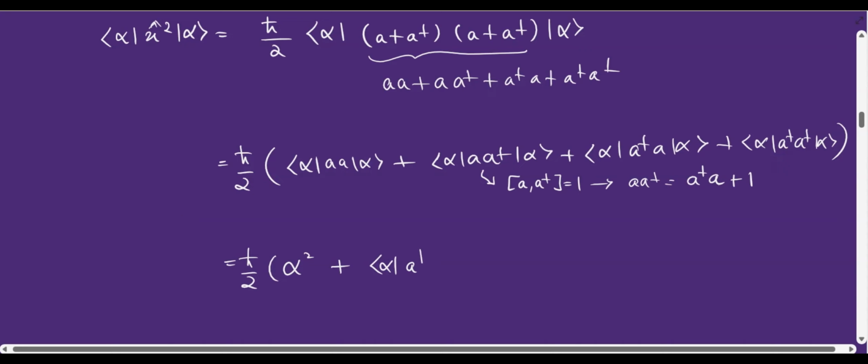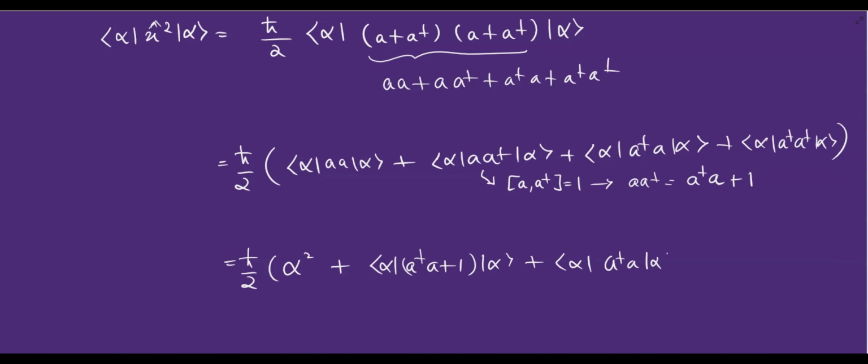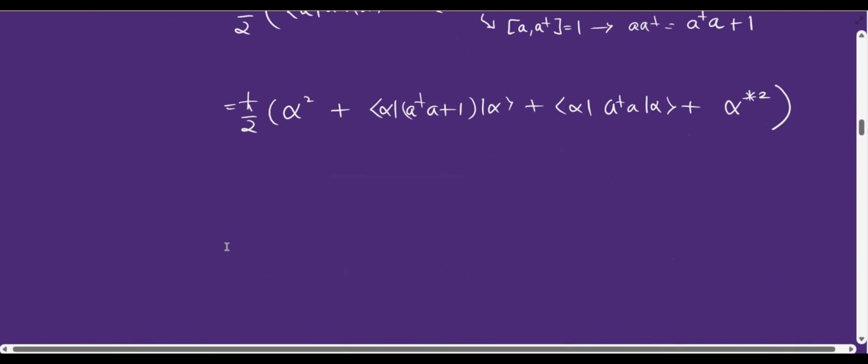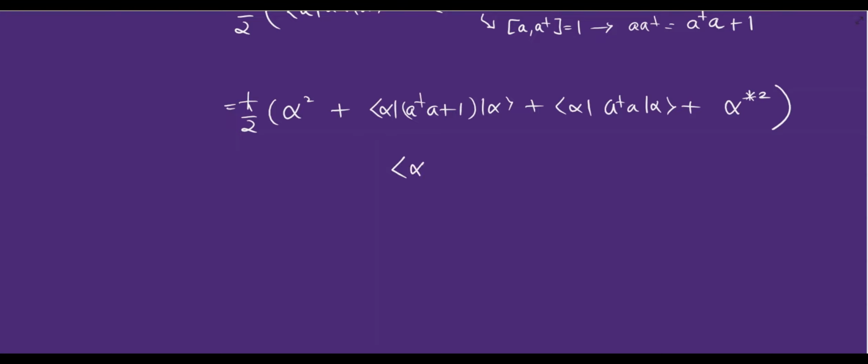So <alpha|a dagger a|alpha> is equal to mod of alpha squared, because this will act on here and this will act here.